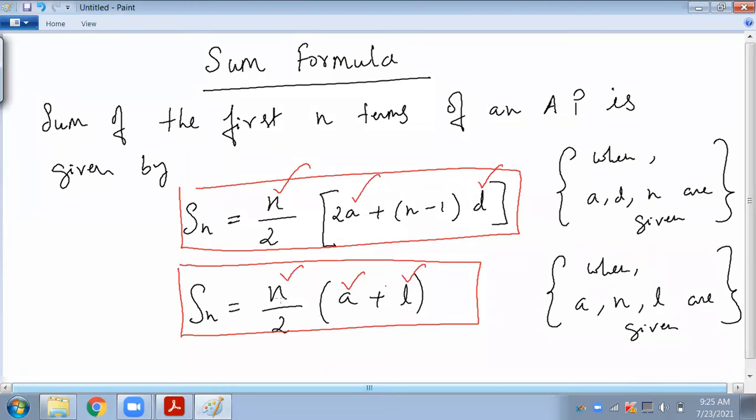So if you know n, a, and l, then we use the second formula to find the sum. Okay, first write this, and if you're done, you can raise your hand. So we're going to use either of these two formulas to find the sum.